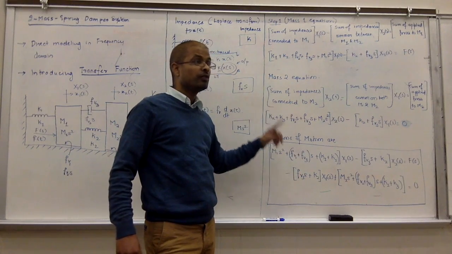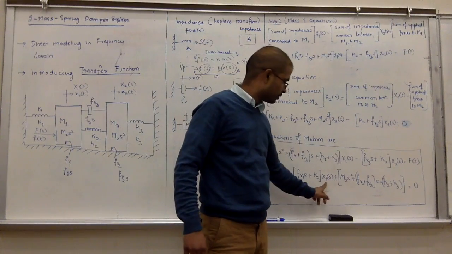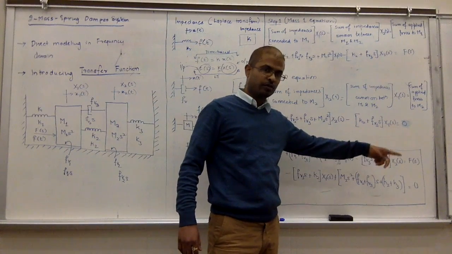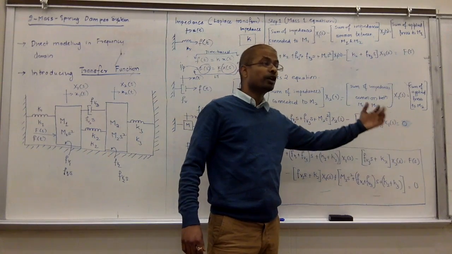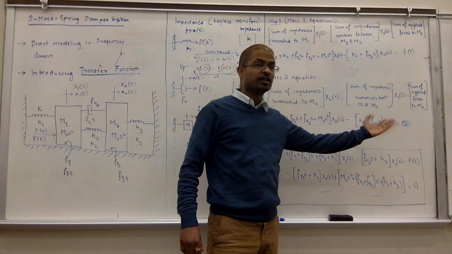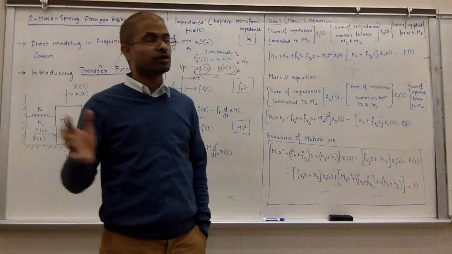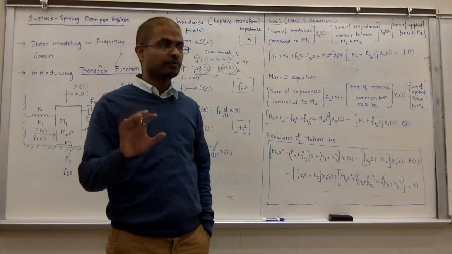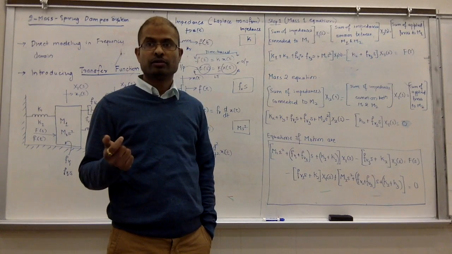This is a time invariant system. So X1 of s and X2 of s are the variables. Those are the only variables. F of s is also a variable, in a sense. It's a known variable, but it's a function of time. It's input, right? You're going to vary it, but you'll know how much you're going to vary.